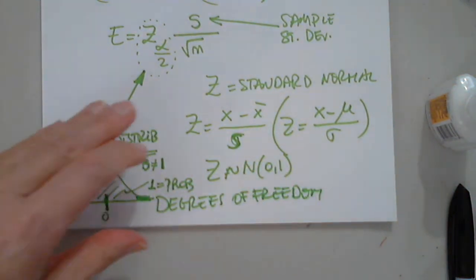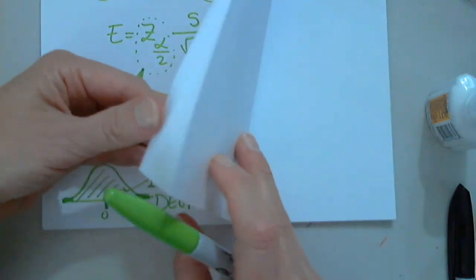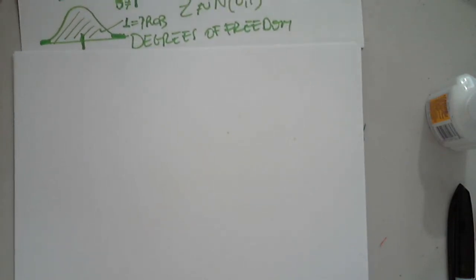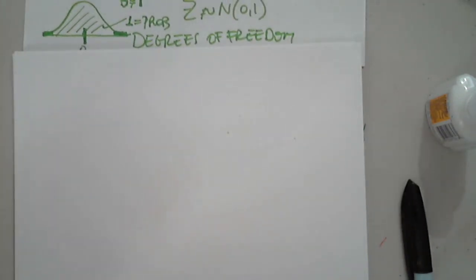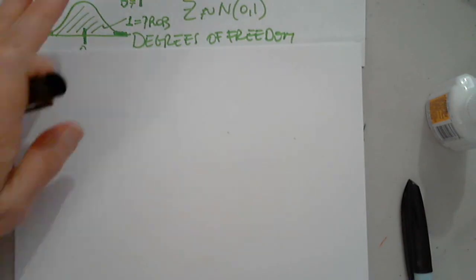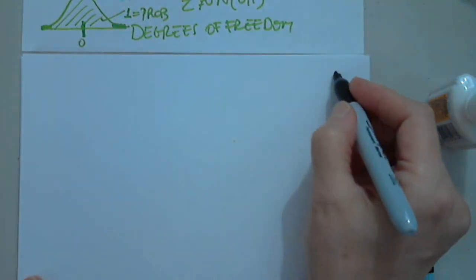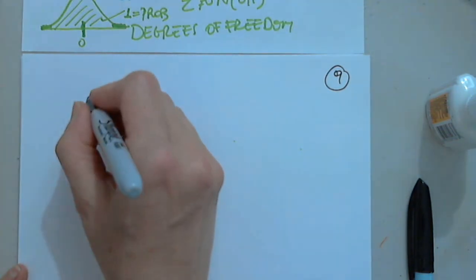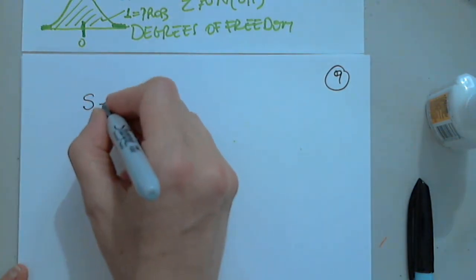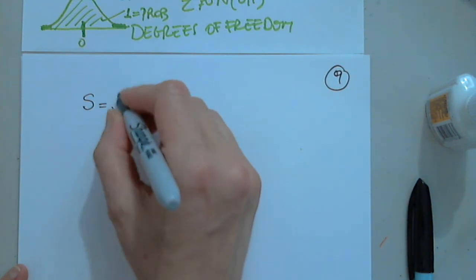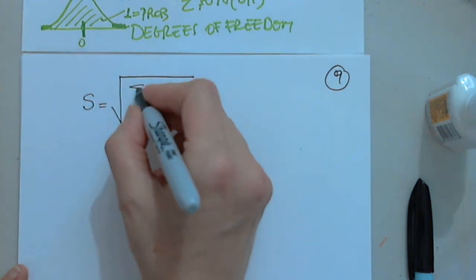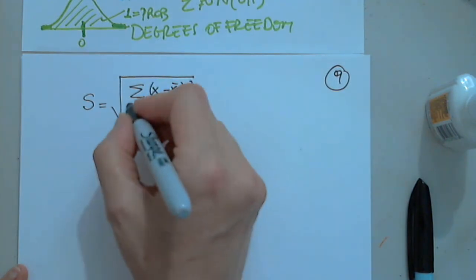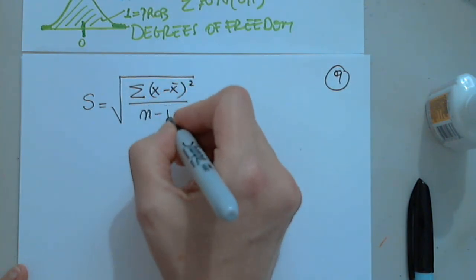Now, let me refresh your memory where this is coming from. We mentioned this a long time ago when we looked at sample standard deviation. Okay, so we said that the sample standard deviation was determined with the square root, the sum x minus x bar squared divided by n minus 1.